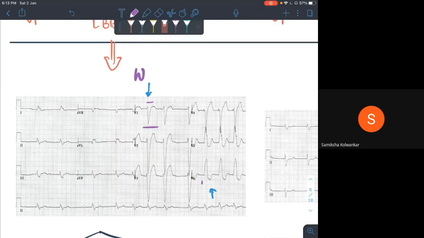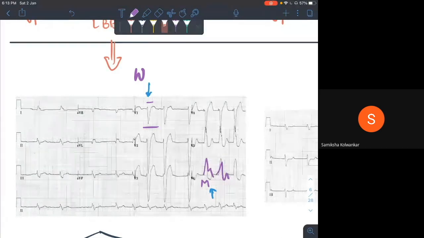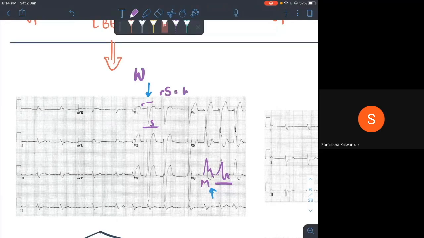But the M here seems to be distinct, you can see this sort of M pattern. This is an M. So instead of trying to work out if there's a W, you first look at if there's an M. If you see that the QRS complex is big and there's an M pattern, you just see if there's a small r S pattern, which is basically equivalent to a W pattern.